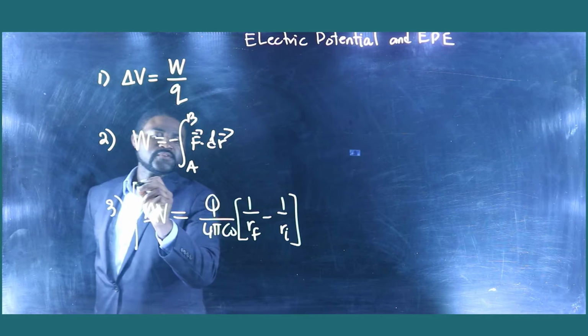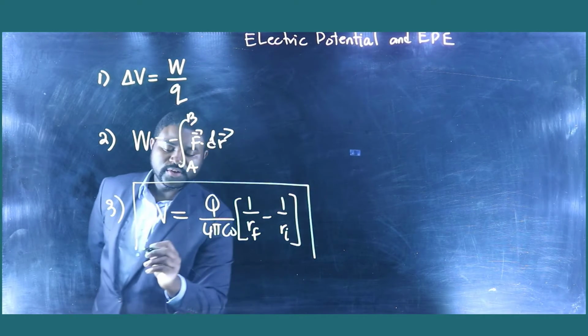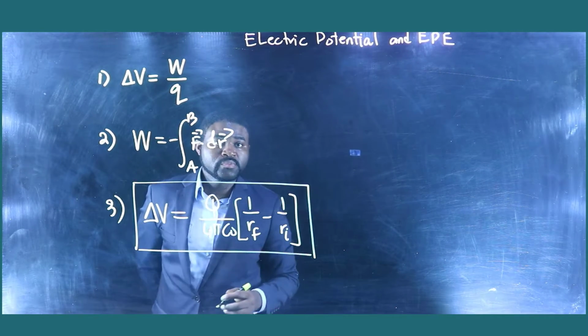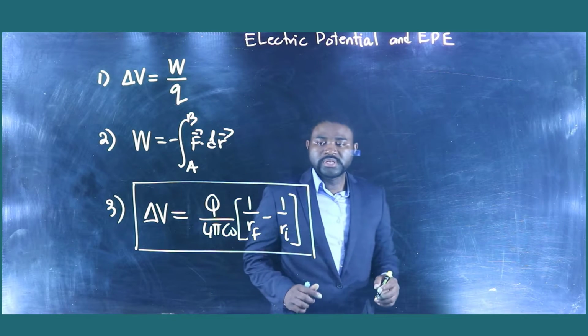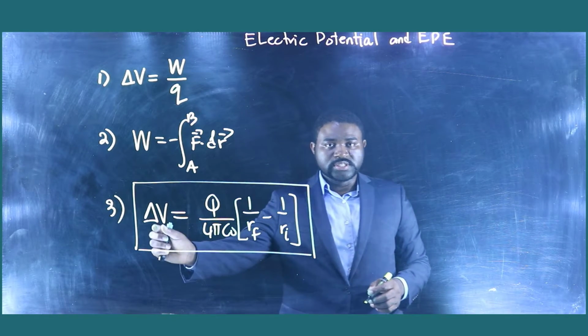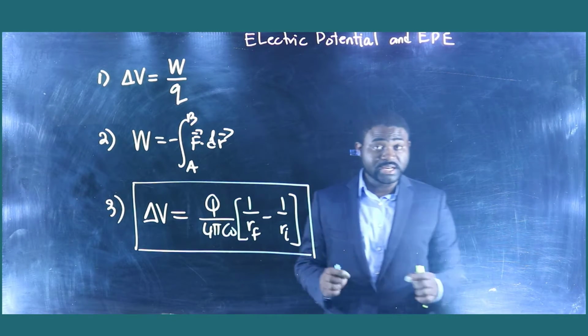So this right here gives us the expression for the electric potential difference between 2 points in an electric field.